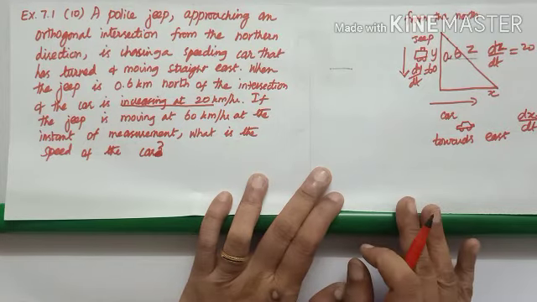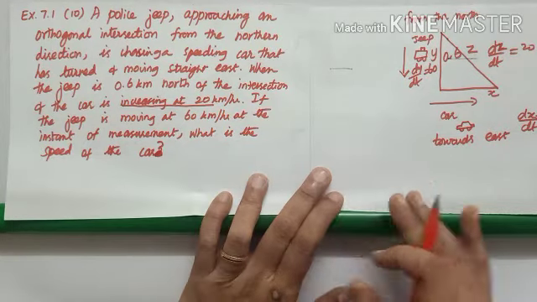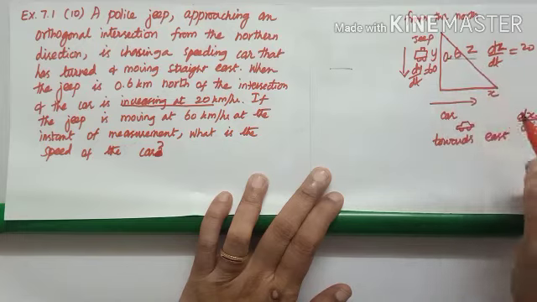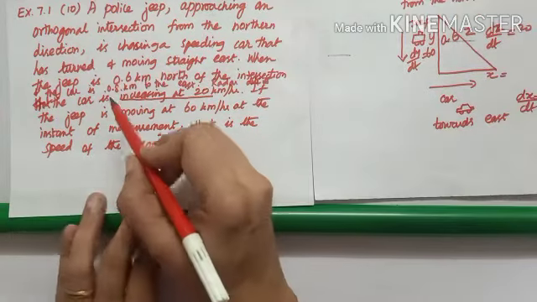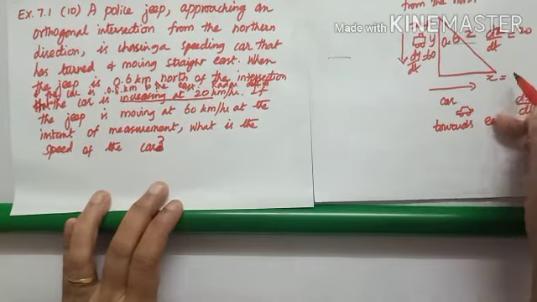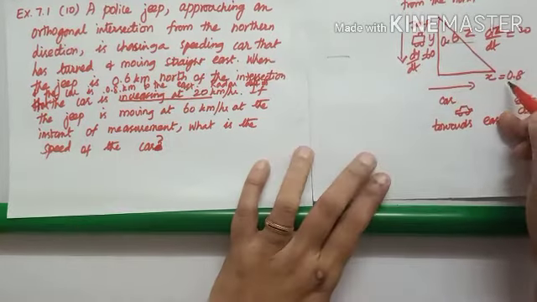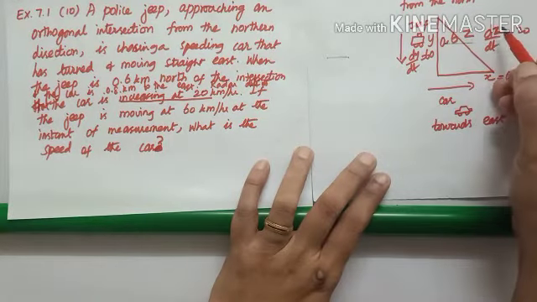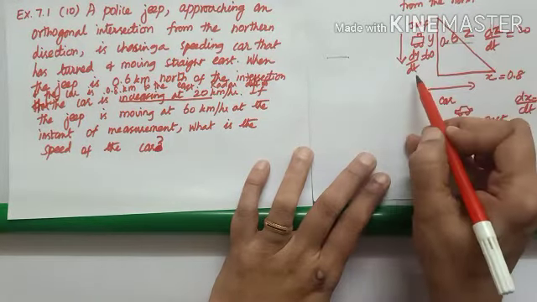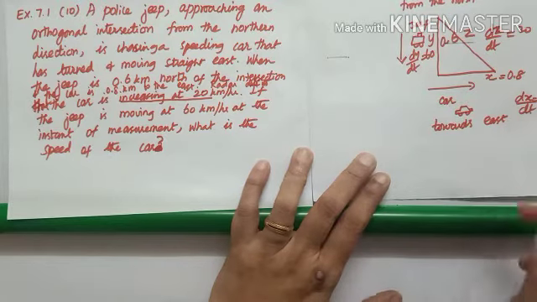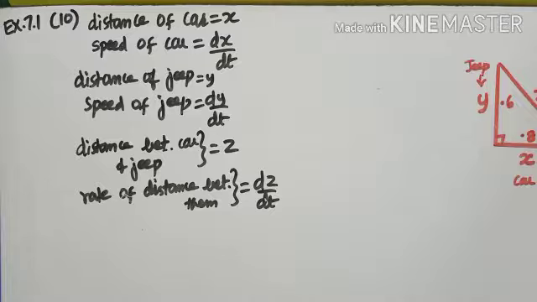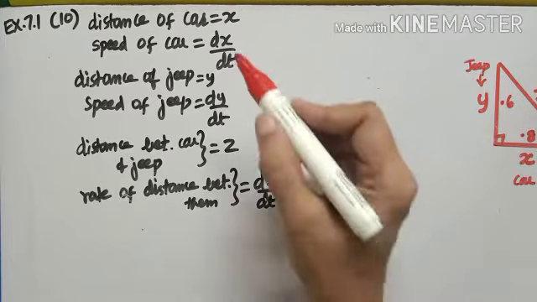How to find it? So what all I have read out? Y value 0.6, x value, x is equal to 0.8. So given x, y, dz by dt, dy by dt, we need to find what is dx by dt. As we read from the question, let us mark what all we know.